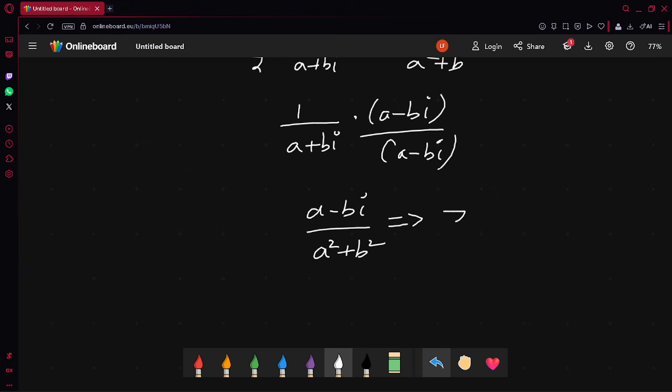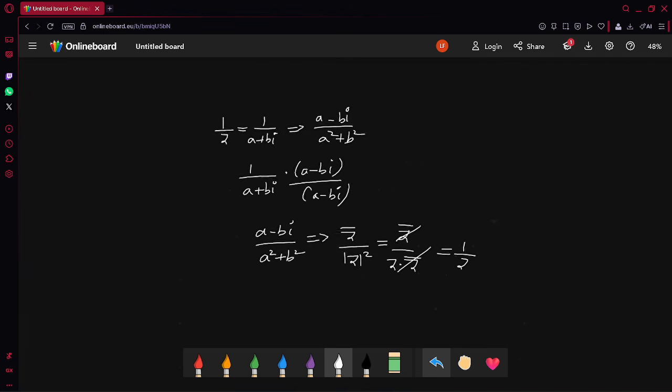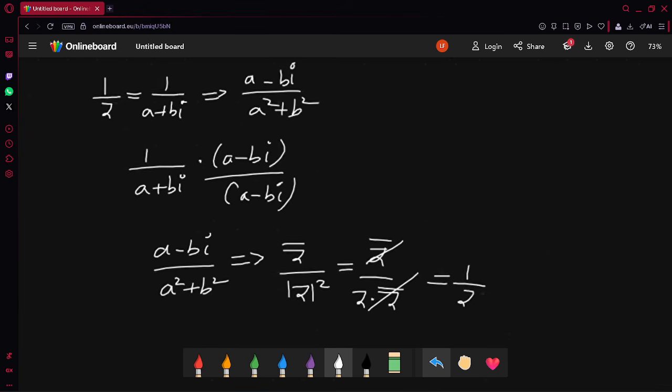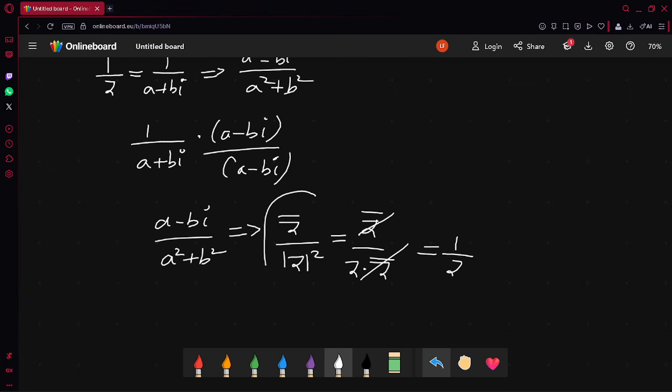And we know this is the conjugate of z, and this is the square of the modulus of z. And we also know that this is the conjugate, and this is z times z conjugate. And these cancel out, giving us 1 over z, which means we basically proved that 1 over z equals z conjugate over the modulus of z squared.